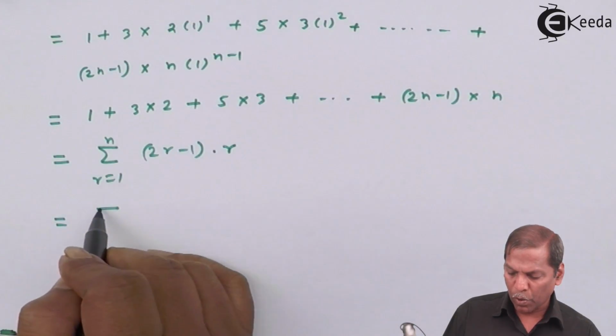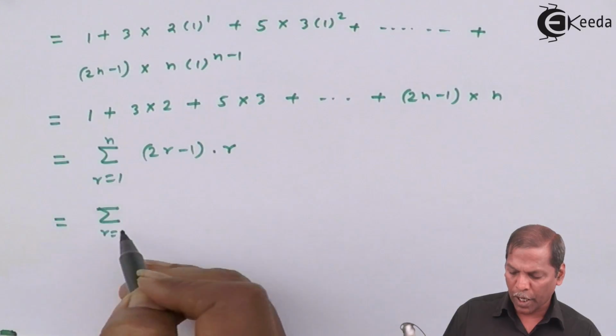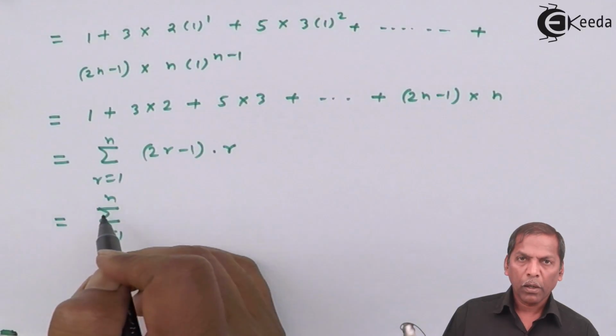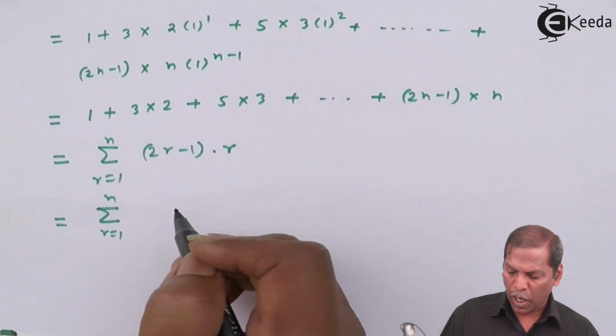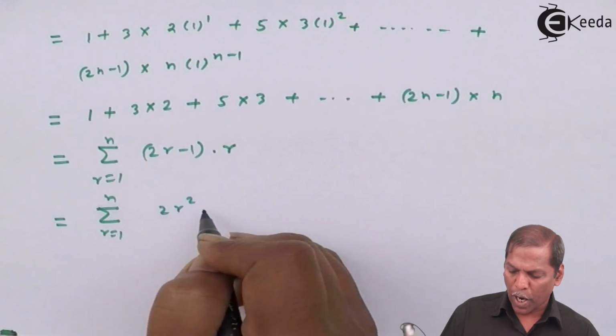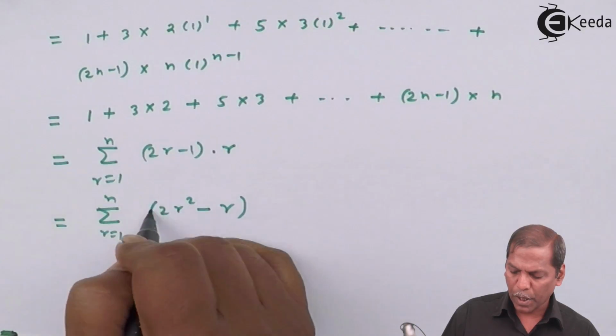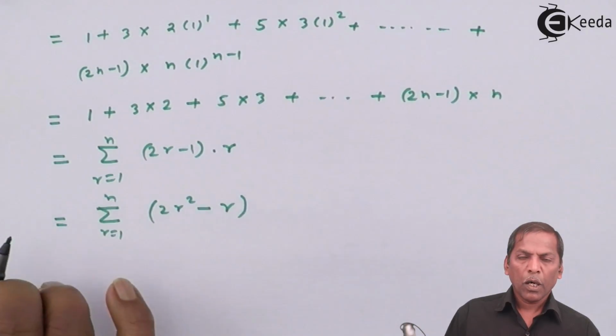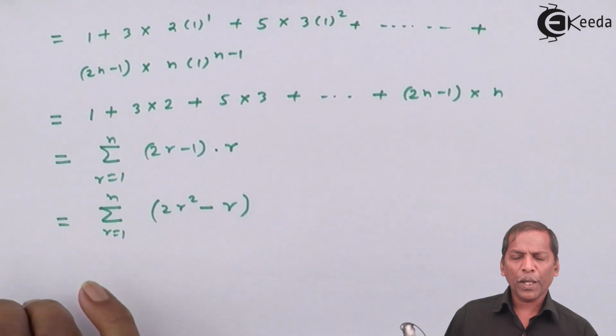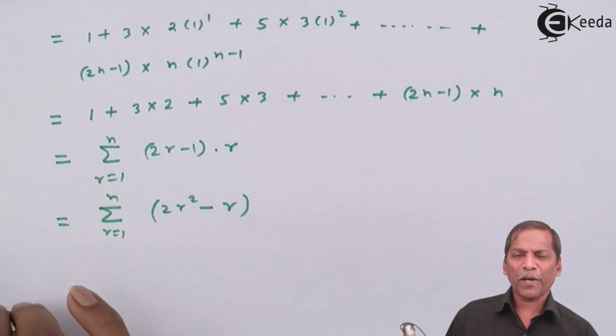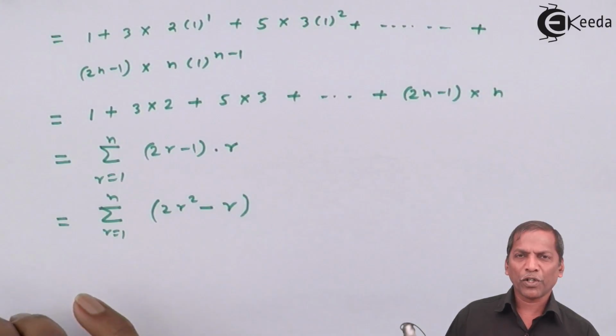and this is equal to summation, r takes values 1 to n. Now 2r into r gives 2r square, and minus 1 into r, that is minus r. Now here we operate summation notation separately for each function.